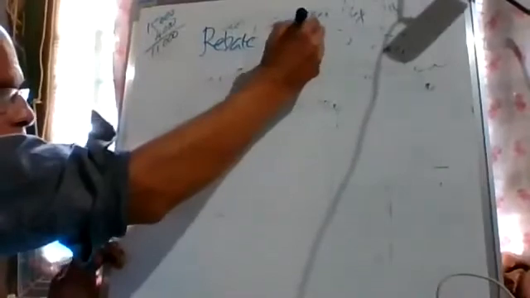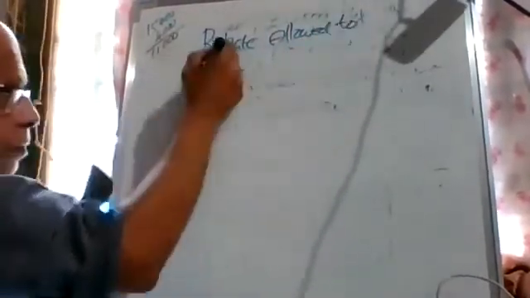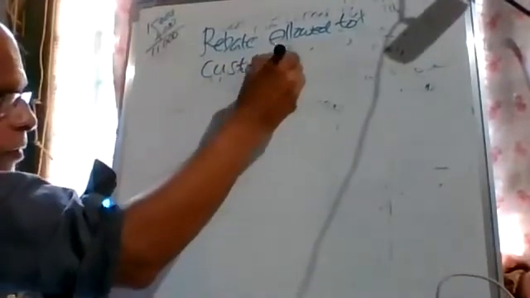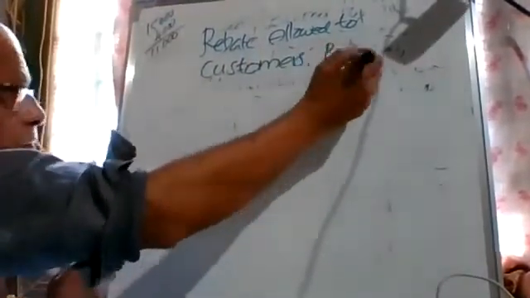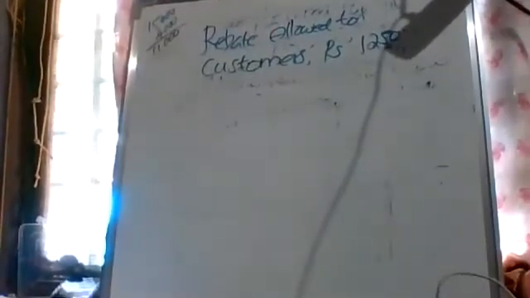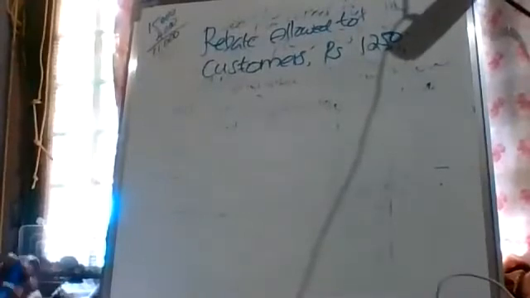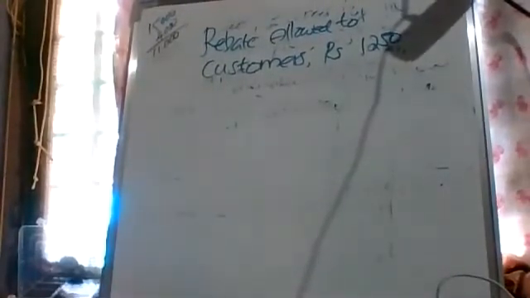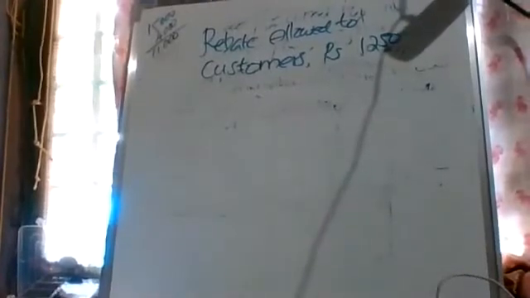Rebate allowed to customers, rupees 1,250. Rebate allowed to customer. So what will be the answer? I mean journal entry. Did you read this?